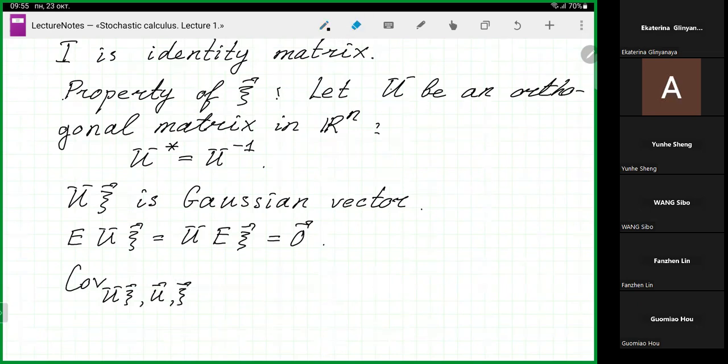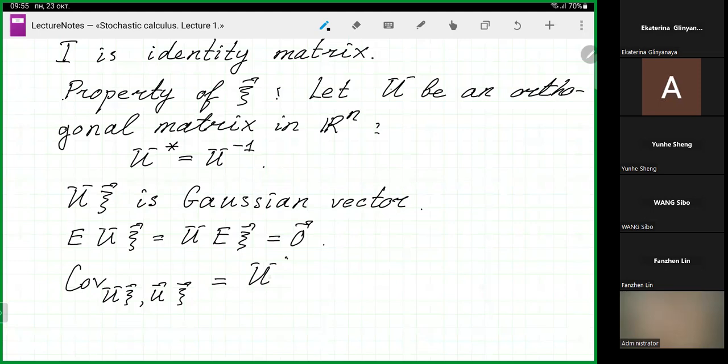To calculate covariance, we need to calculate the covariance between products of U psi on some vector and U psi on another vector. Please do it by yourself. So we will have the following formula, which is, by the way, valid for any random vector, not only for Gaussian random vector.